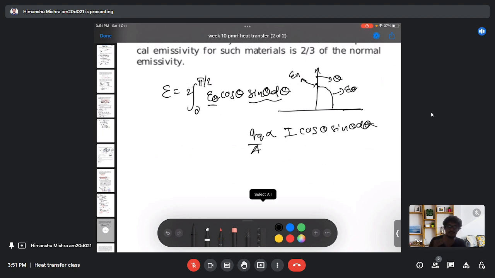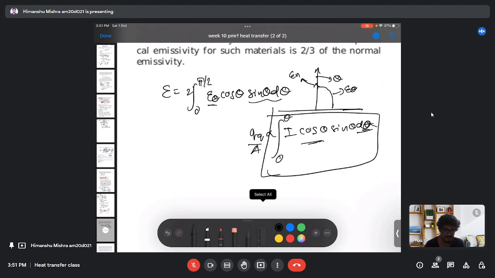So this is the directional dependent heat transfer, and if you want the diffusive heat transfer, which is directional independent, then you need to integrate it over theta, d theta. After integration, you will get the heat transfer rate, which is diffusive in nature.